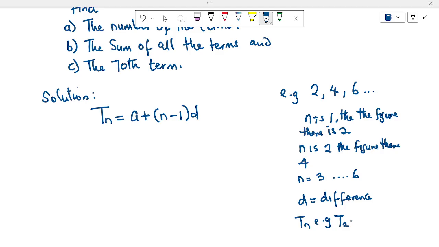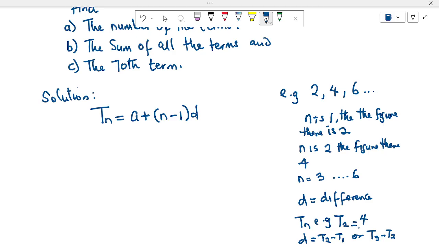Here our T2 is 4. So to get the difference, you have T2 minus T1 or T3 minus T2. They will always give you the same thing. 4 minus 2 gives you 2. 6 minus 4 gives you 2 still. So the difference is a common one in a particular progression. Therefore, in this particular example, our D is 2.